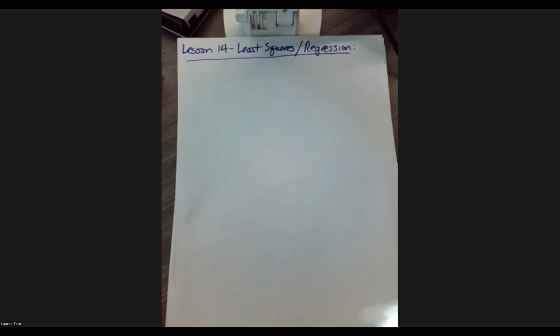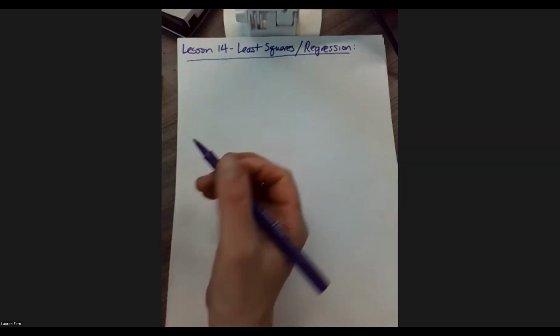Okay, so we've been talking about linear models in terms of cost and revenue and profit and that sort of thing. But more generally speaking, while things can be approximated using a linear model, rarely does data perfectly fit a linear model.